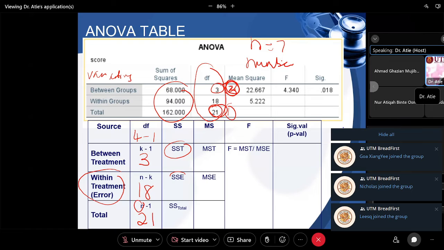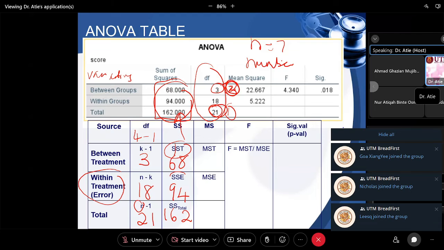But for this part, you can just take it from SPSS. So just write 68, 94. To get the total, 68 plus 94 gives 162. This one you get from here.